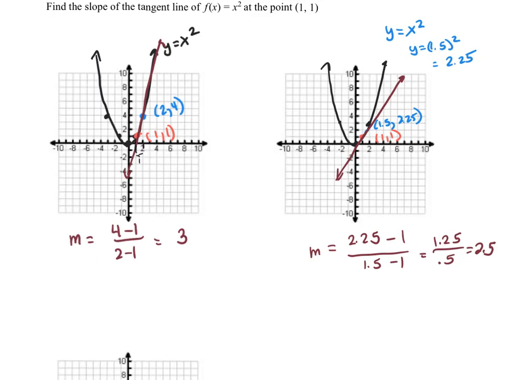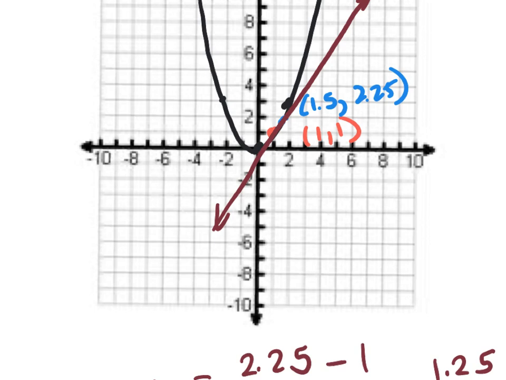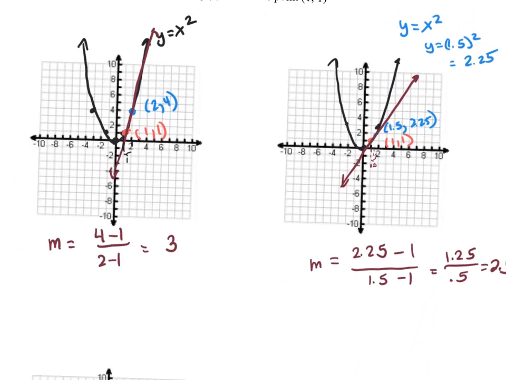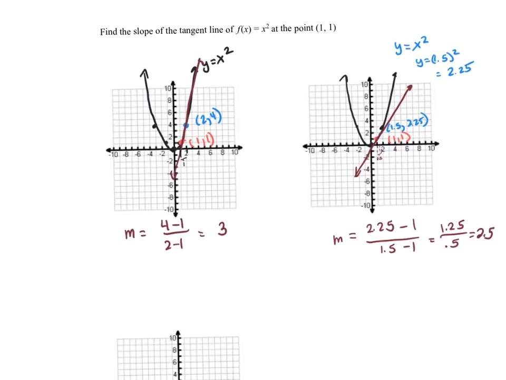Now, the first distance between the x's was 1. In this case, we were going from 1 to 1.5, so my distance was 0.5. So how we will eventually find the tangent line is we're just going to make that distance smaller and smaller and smaller until it approaches 0. So this concept of approaching a number is what we talked about with a limit.